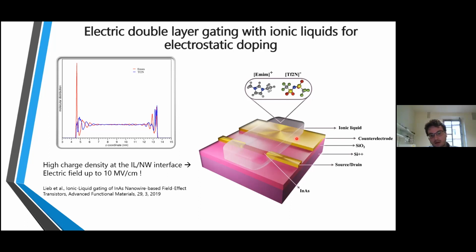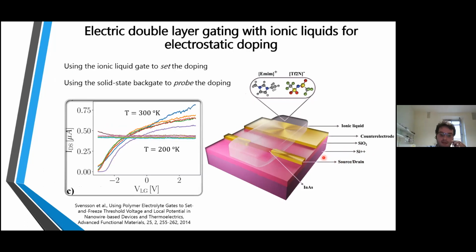Indeed, the choice of ionic liquid in this case is due to the really promising performance for what regards the intensity of the electric fields accessible with this kind of gating technique. Also, our devices are provided with a conventional P-type silicon dioxide backgate, which is used to probe the doping regime.